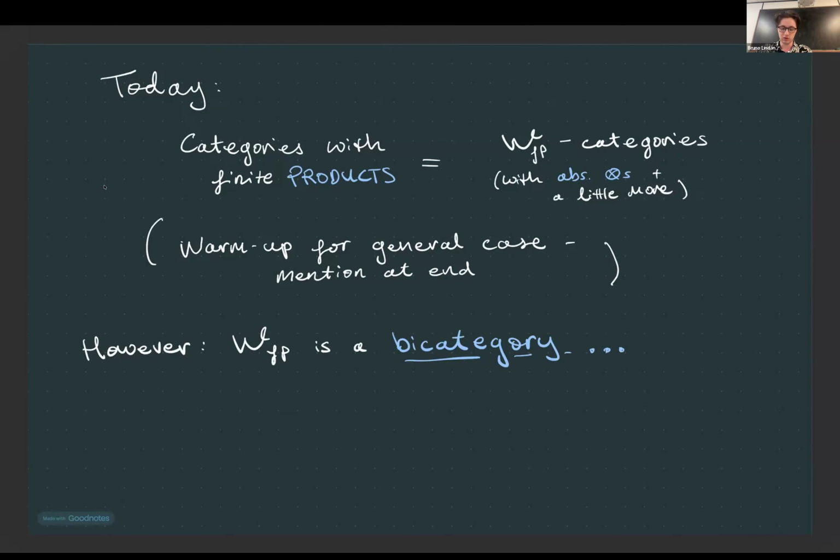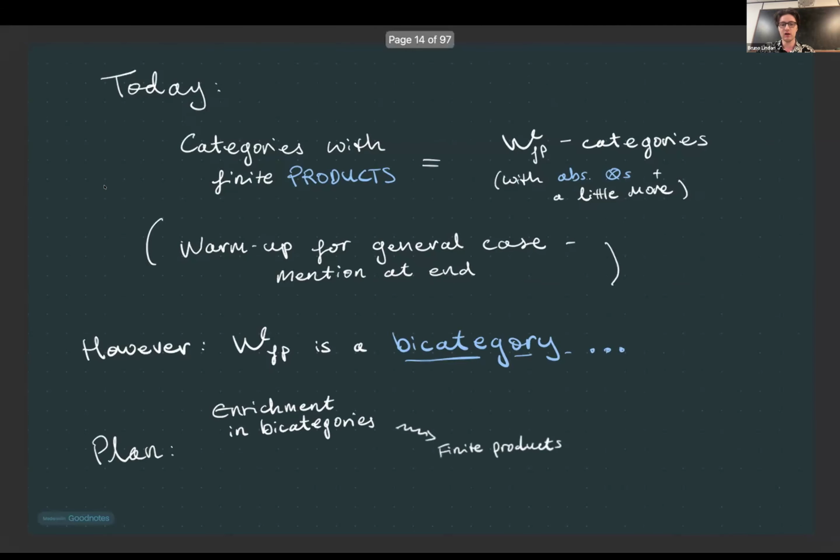So the plan for the talk is to spend 10 minutes or so talking about enrichment in bicategories, how it differs from enriching in monoidal categories. I'll give you one example. We won't dwell on it for too long. And then we'll talk about the specific base of enrichment that we're going to be using to recover categories with finite products.